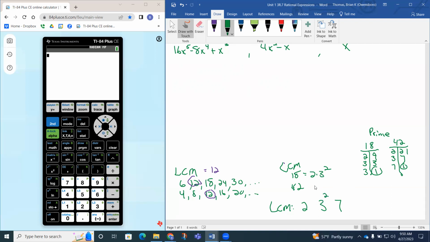So the 2, this needed a 2 and this needed a 2. So all I needed was one 2. For the 18 to exist, I still need two 3s, and I've got that. For the 42 to exist, I need a 2, a 3, and a 7. So I only need one 2, one 3, and one 7.